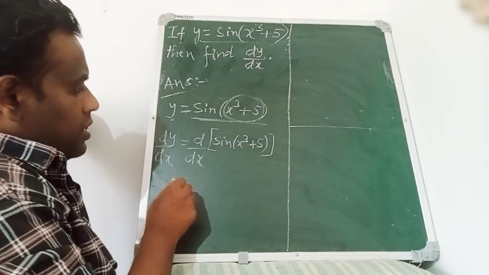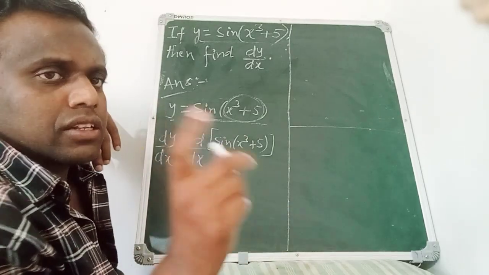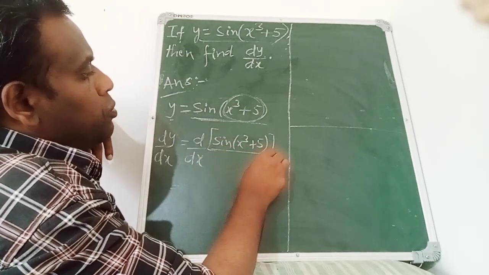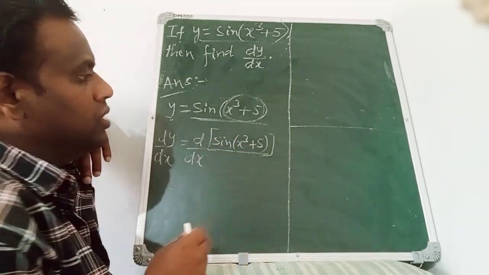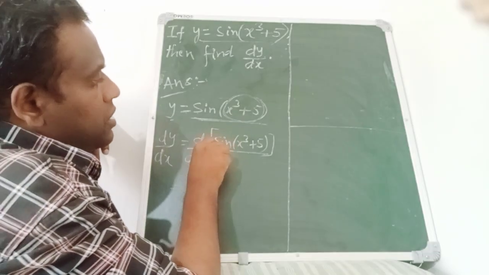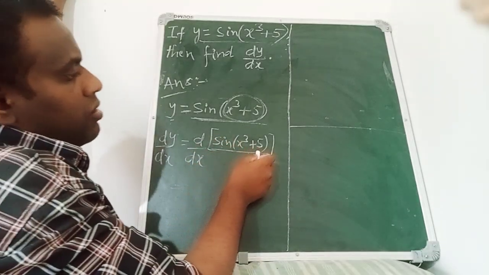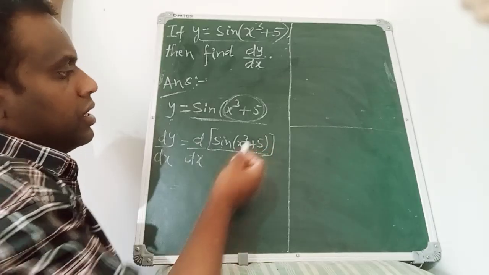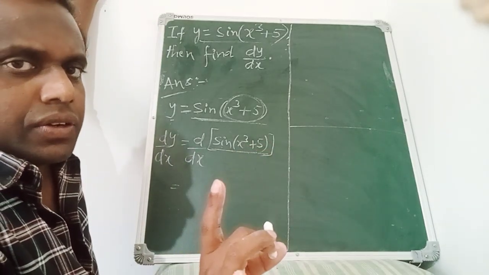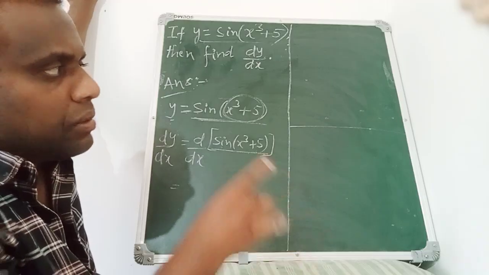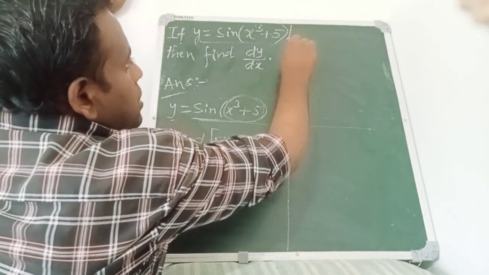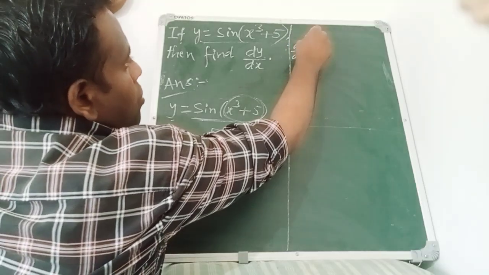Next I will consider one function, this whole thing, sine of x cube plus 5, and we have to differentiate that. It is sine of something. When there is sine of something, what is the formula to differentiate?